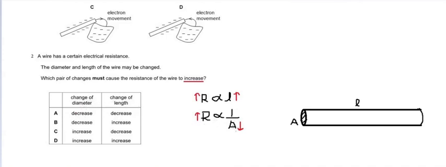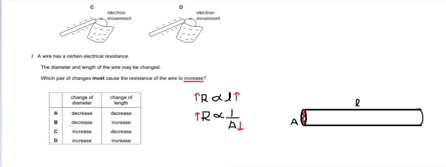If the area is decreasing, that means the diameter should decrease, because if you decrease the diameter, the area decreases. If you increase the diameter, then the area increases. So in the first case, the change of the diameter is a decrease and the change of the length is a decrease. That is incorrect because we want an increase in the length and a decrease in the area, that means a decrease in the diameter.